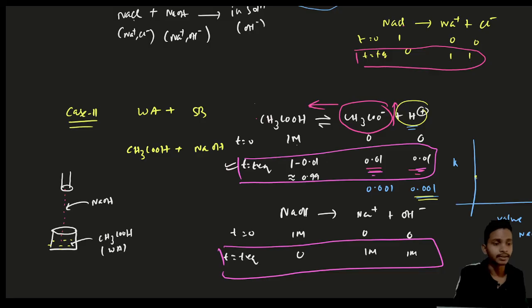H plus mobility is higher than OH minus and Na plus, it's fine, but this concentration also has to be a good amount for this value to be high, but this concentration is negligible, so its conductance is very less.